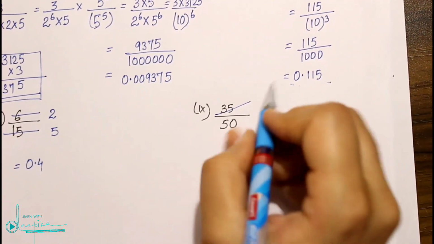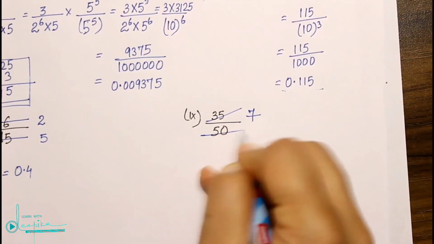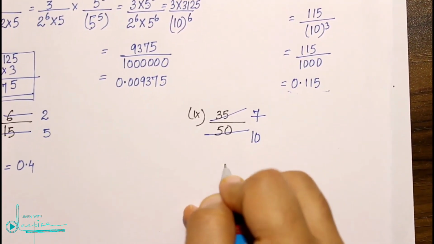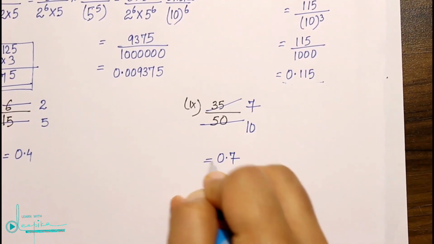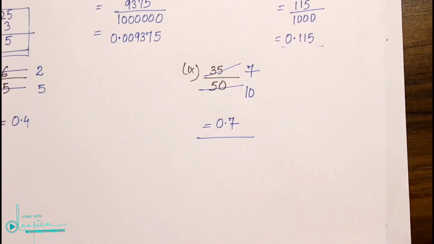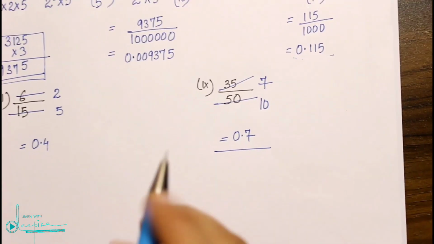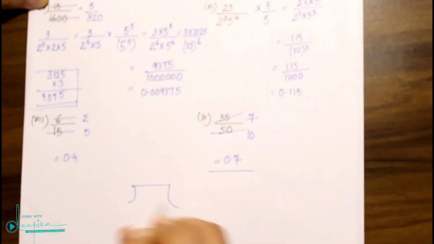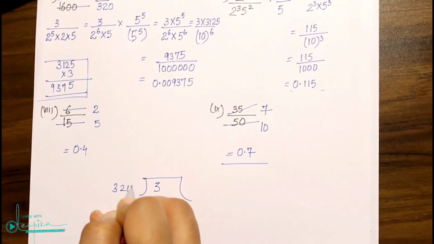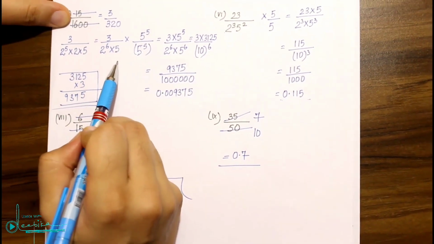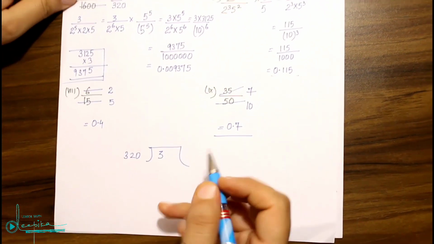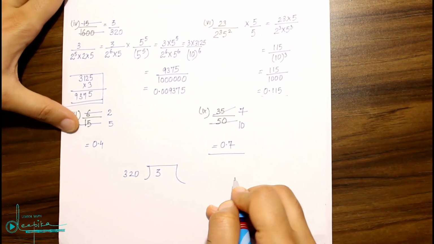Last, it's divisible by 5, so I'll write 5 7s are 35 and 10. 7 upon 10 is 0.7, so you can directly answer it. So these are the questions in which it's your choice whether you want to do it this way, then you can, but there is one more method which is based on law of exponent.